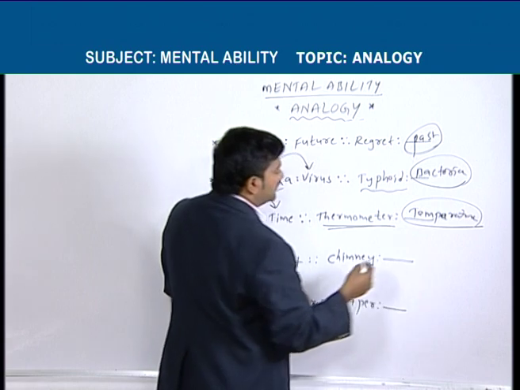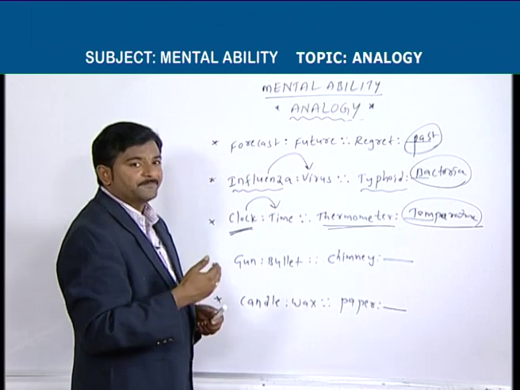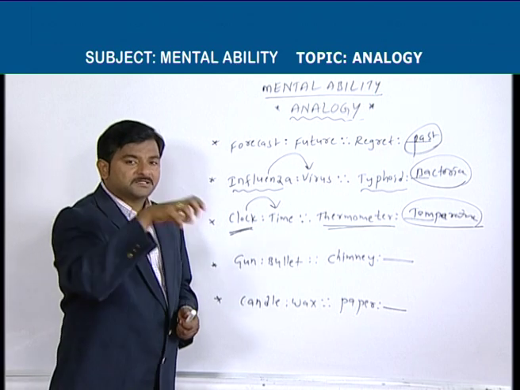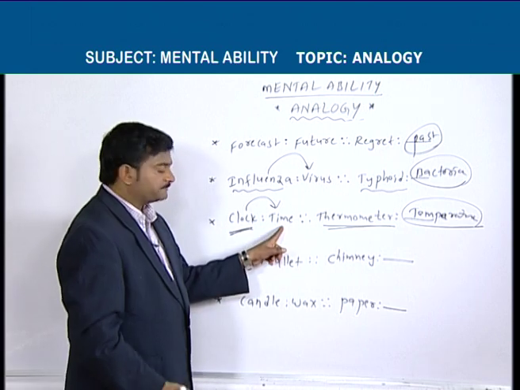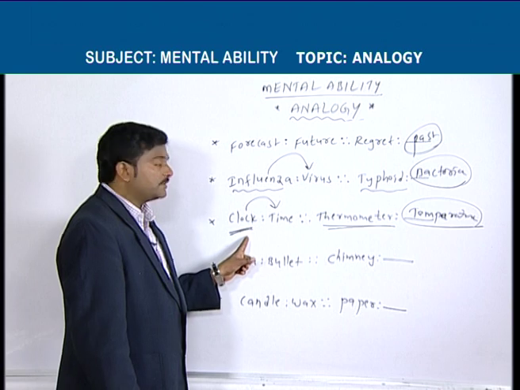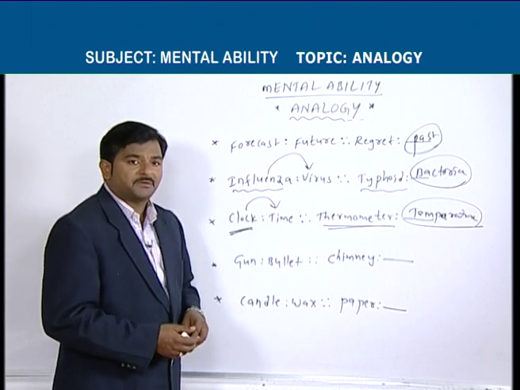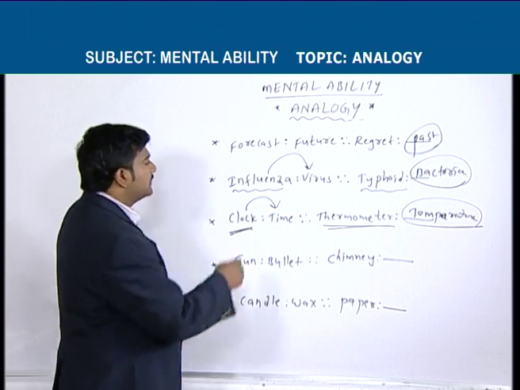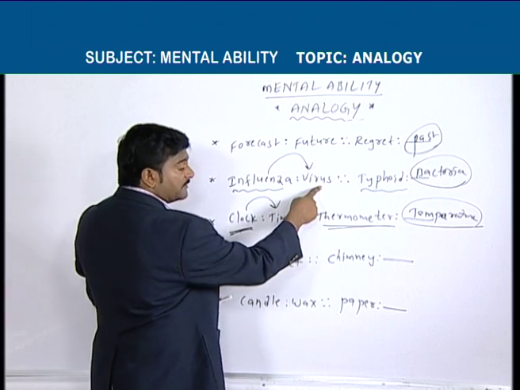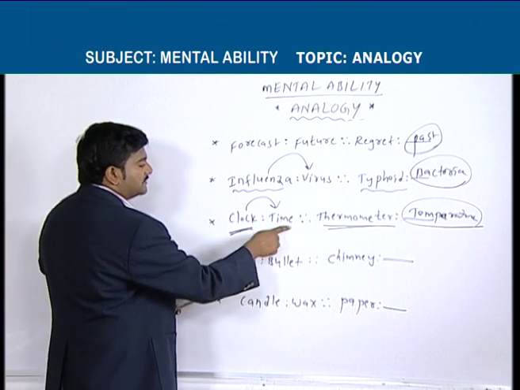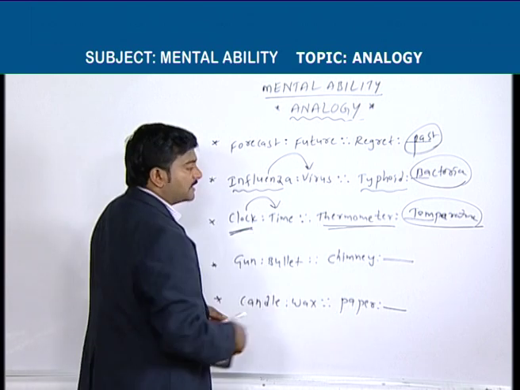So indirectly, the first one is the machine, the second one is what we measure with that machine. Time can be measured by using a clock. Similarly, temperature can be measured by using a thermometer. That is the concept: disease caused by virus, disease caused by bacteria; similarly, machine and what we can measure.